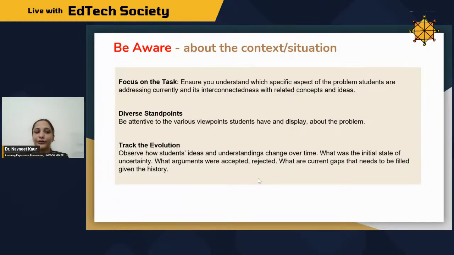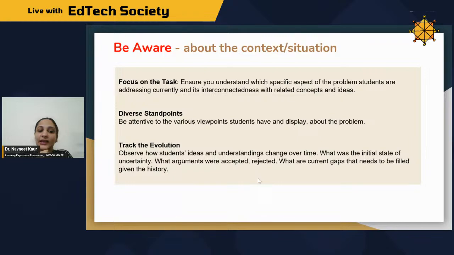Then you also have to be attentive to the diverse standpoints that are shared in the classroom. What are students telling? Where are their examples coming from? Knowing what students think in a classroom, and what different experiences they are connecting uncertainty to, will help you help learners resolve their questions.